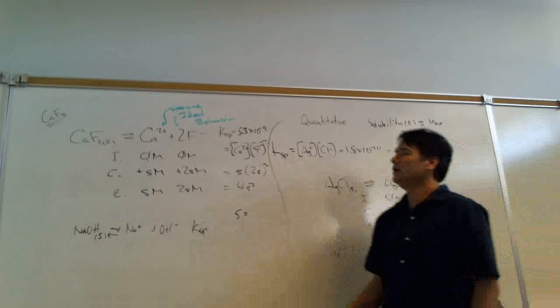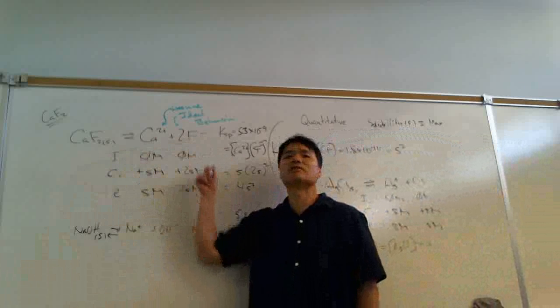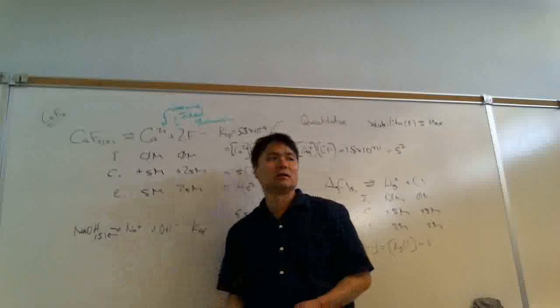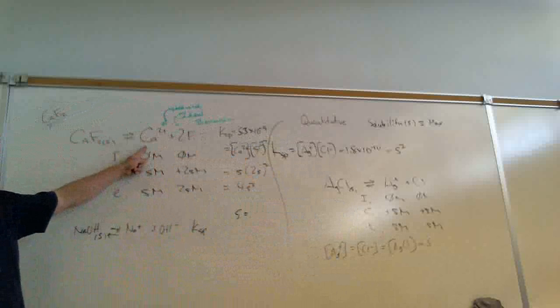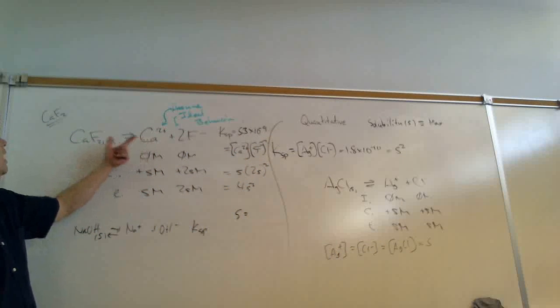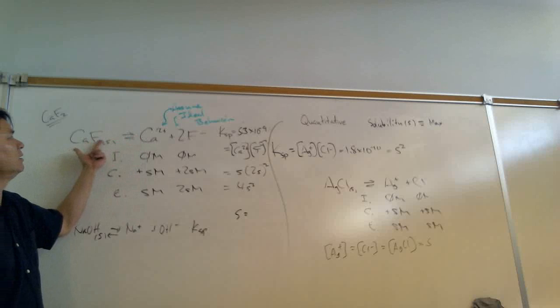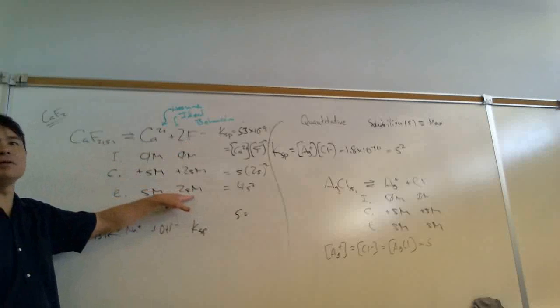Over here, is the solubility the concentration of the calcium, or is it the concentration of the fluoride, or both? It's only the calcium concentration. Because for every calcium, we had to have one CaF2 dissolve. Well, if you have one CaF2 dissolved, we are going to get 2 fluoride. So the fluoride concentration is actually double the solubility.